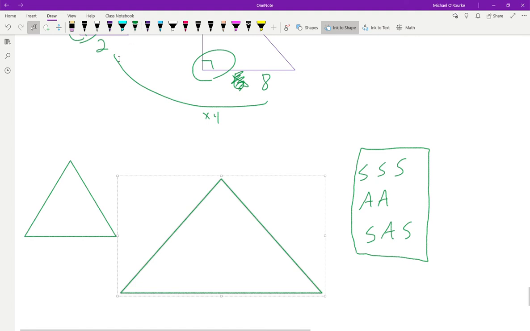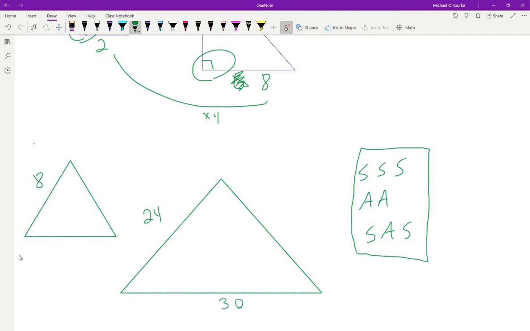So let's do, I'm stuck on green for some reason. Let's make this one 8. Can I see in chat if you think those are similar, yes or no?